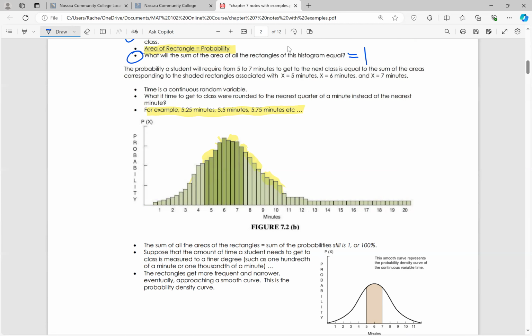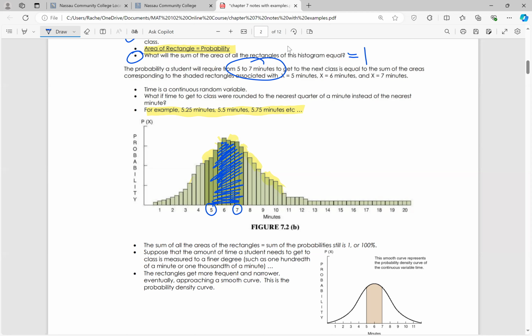For example, if I wanted to calculate the time that it takes a student to get to class, the probability that it takes from 5 to 7 minutes, I would look between 5 and 7, and I would get the shaded area of these rectangles. So I'm still going to get my probability answers the same way. I need to know the area of the rectangles.